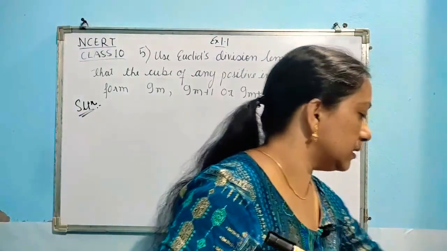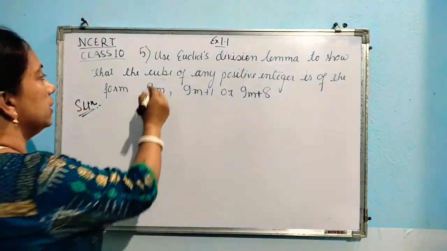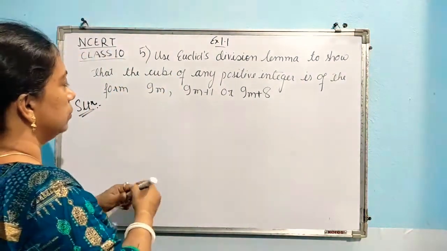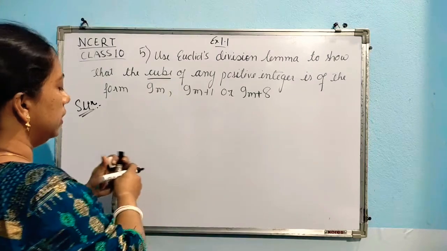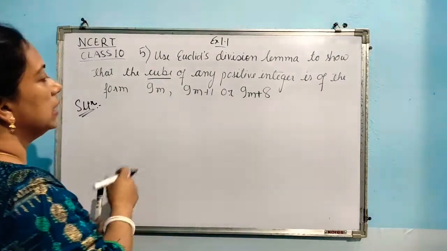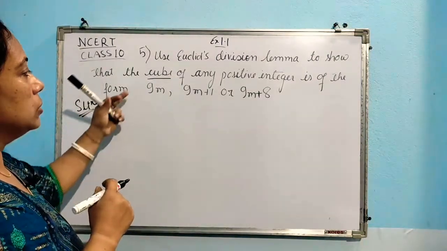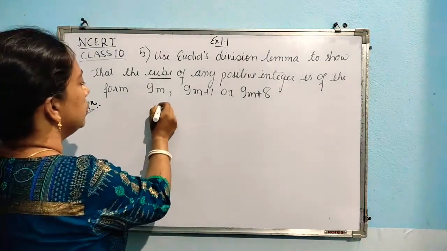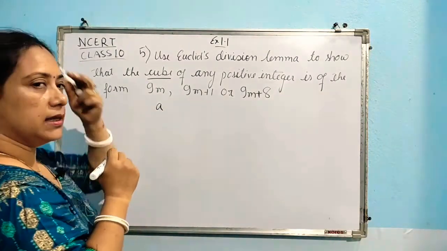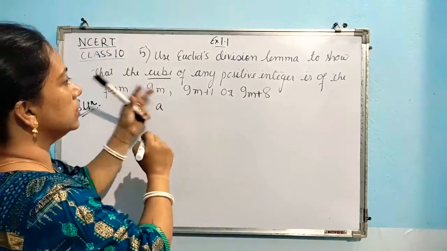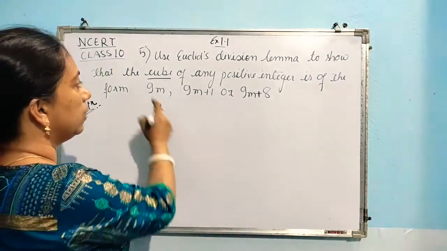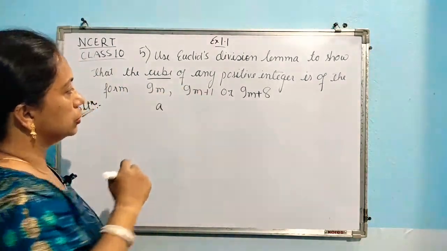In this case we have to prove it for the cube of any positive integer. Earlier one was square and this one is cube. So first we have to take a as any positive integer, and then decide what the value of b is to be taken.